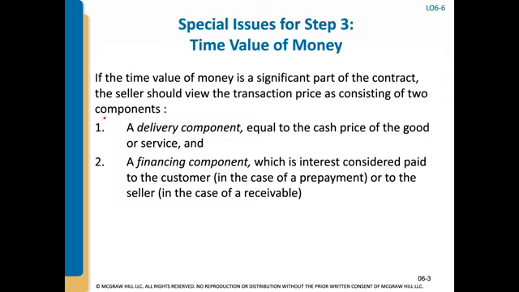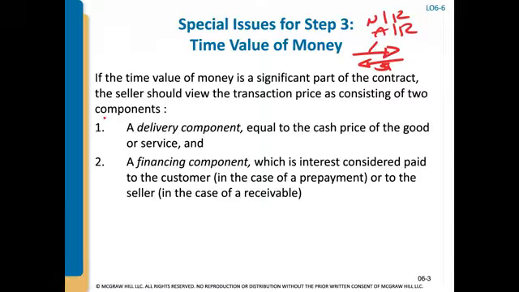So if the payment occurs after the delivery, we deliver the product and then later on we get the money. When we deliver the product, we book a receivable, whether it's an accounts receivable or a notes receivable. In that case, the seller can be viewed as making a loan to the customer between the delivery time and the time that they receive the money.